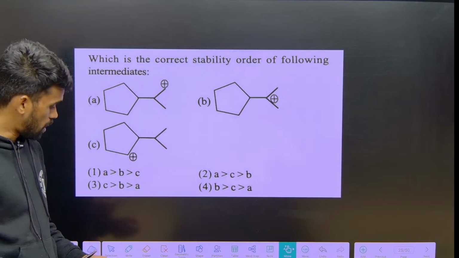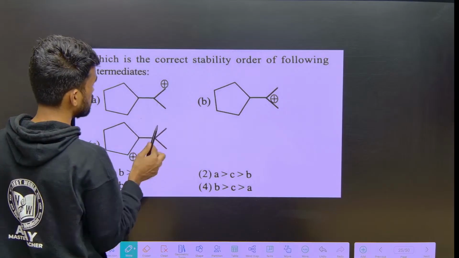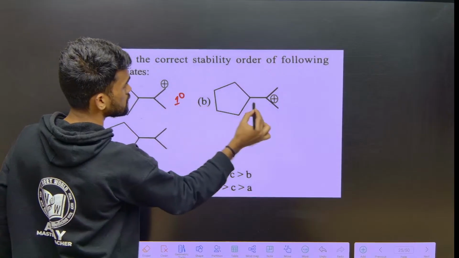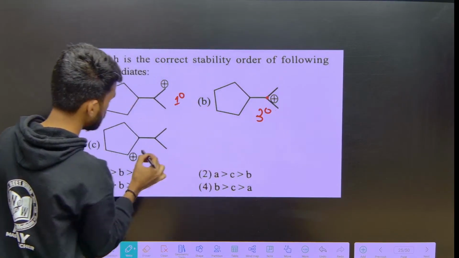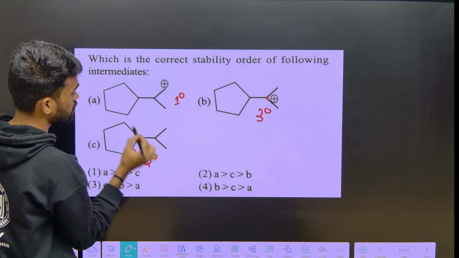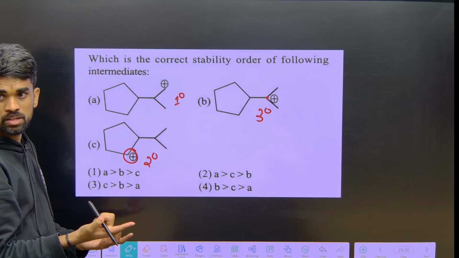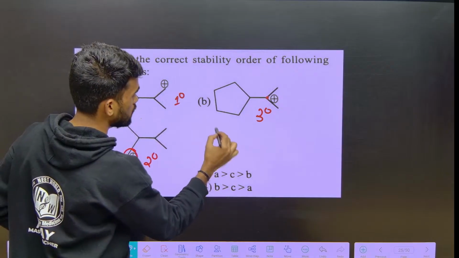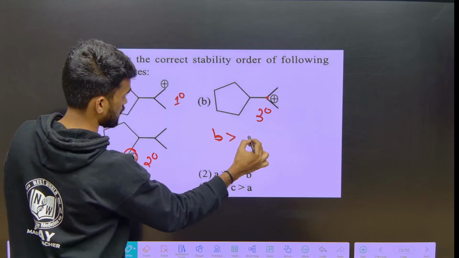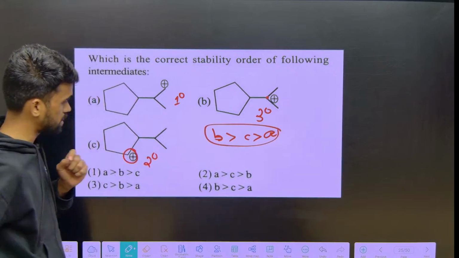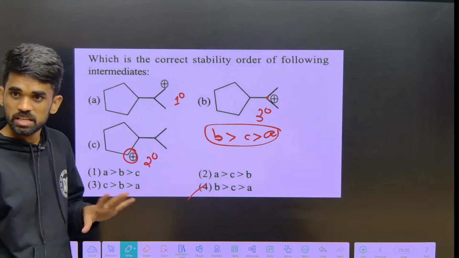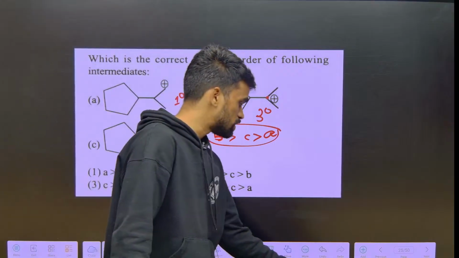This one is primary, this one secondary. Now tell me which is more stable? Tertiary means B, secondary, primary. So B, C, A. Fourth option, easy only? Yes. Okay, so this is about the session.